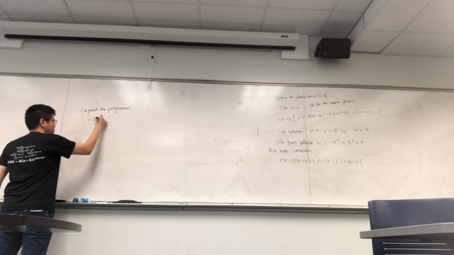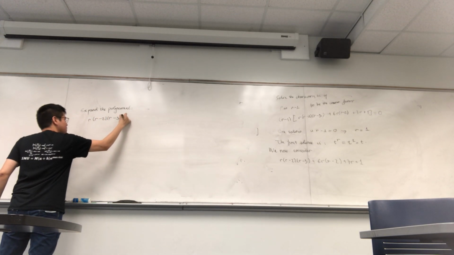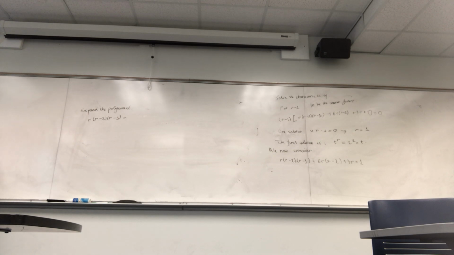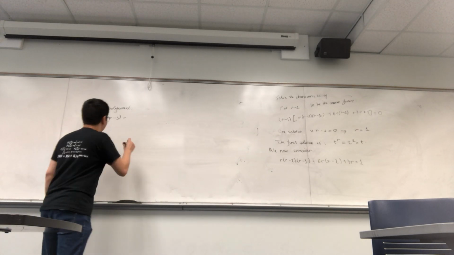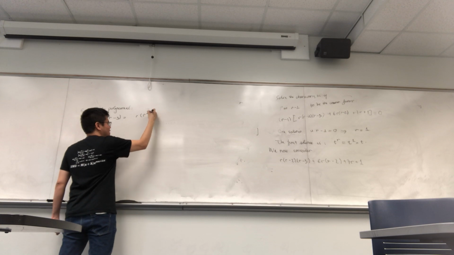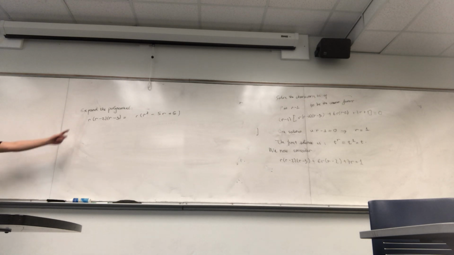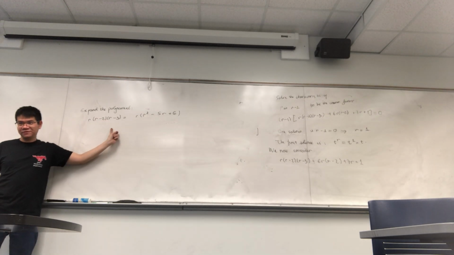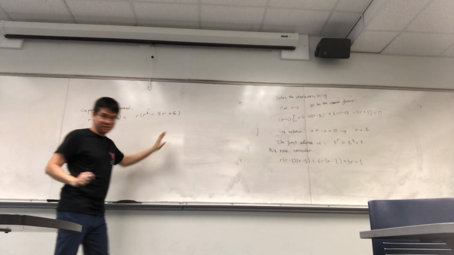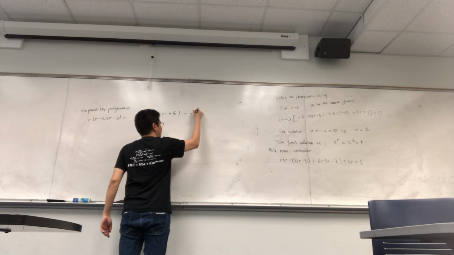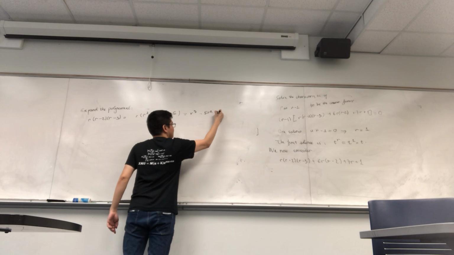So how can I expand r minus 2 times r minus 3? r minus 2 times r minus 3 will give you r squared minus 5r plus 6, right? Then r times this gives r cubed minus 5r squared plus 6r.